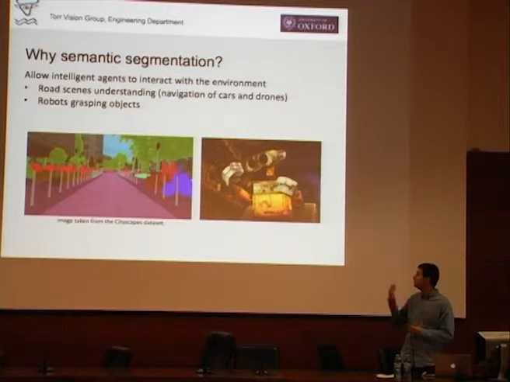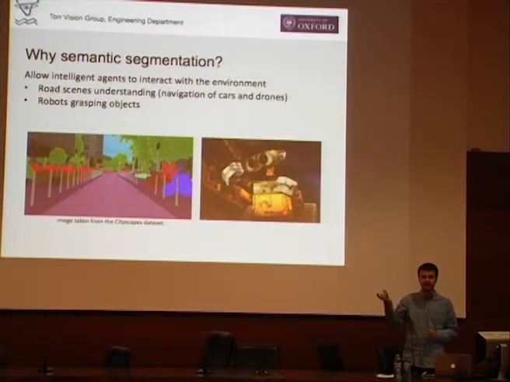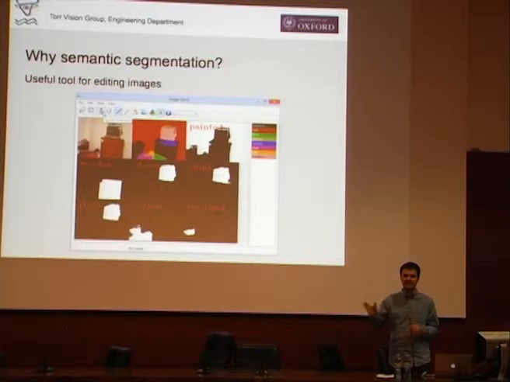For example, navigation of cars, allowing robots to see where the objects are and to grasp them, and so on. It's also useful for editing images by segmenting the objects, and then you just have to cut the TV or whatever.